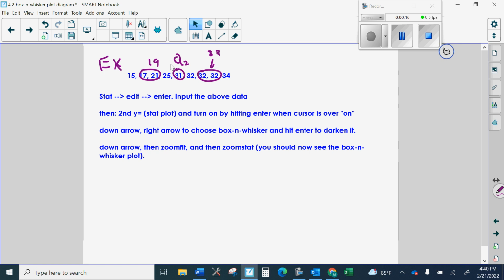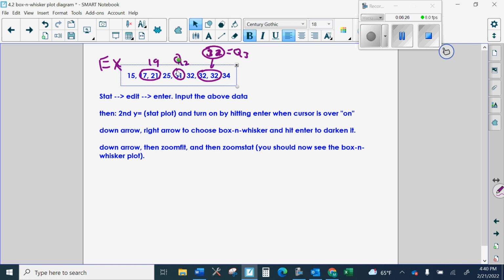Now, even though those are both 32, that 32 that we calculate by doing the midpoint, this 32, which is the Q sub 3, does not count in the data points. So then that 32 and 34 are above, that 32 and 32 are below. This 15 and 17 are the bottom quartile, and the 21 and 25 are between Q1 and Q2.